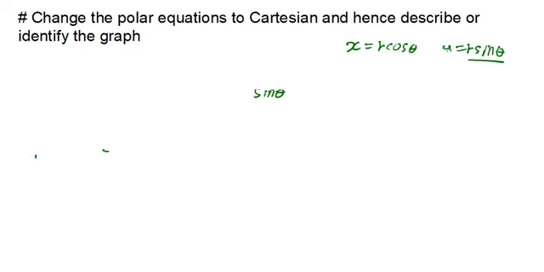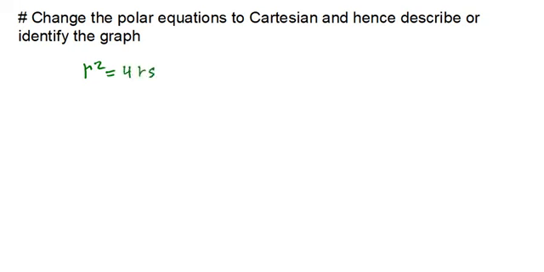Okay, let's look at something else. Let's say we are given r squared equals 4r sine theta. How do we change that to Cartesian and identify the graph?